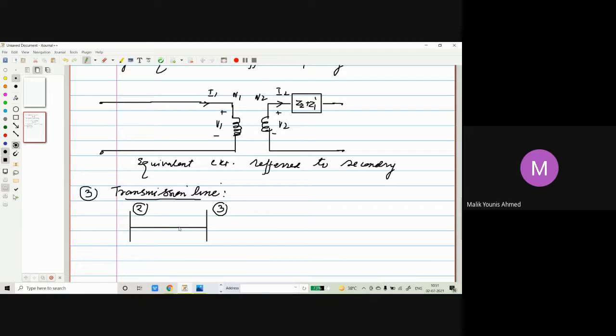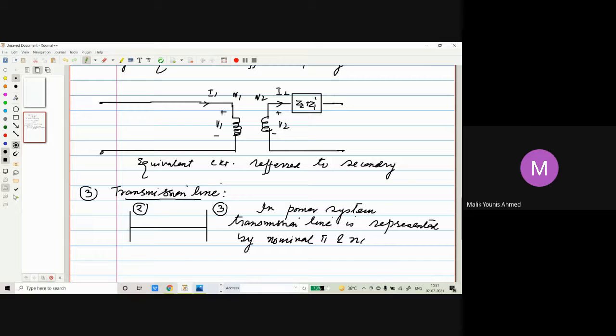In power system, you should always remember, the transmission line is represented by nominal pi and nominal T. We have done this in power system 1.